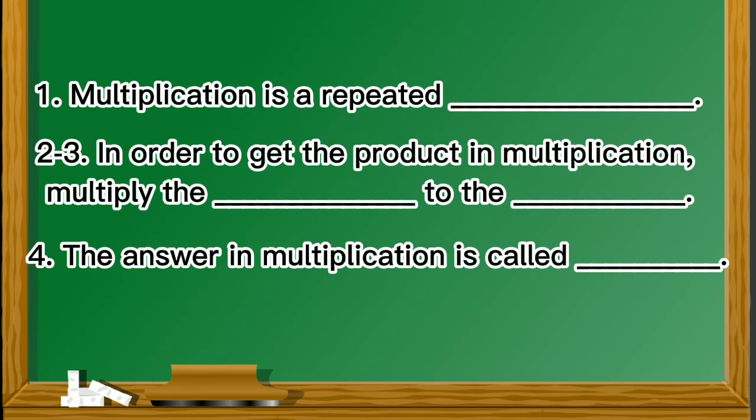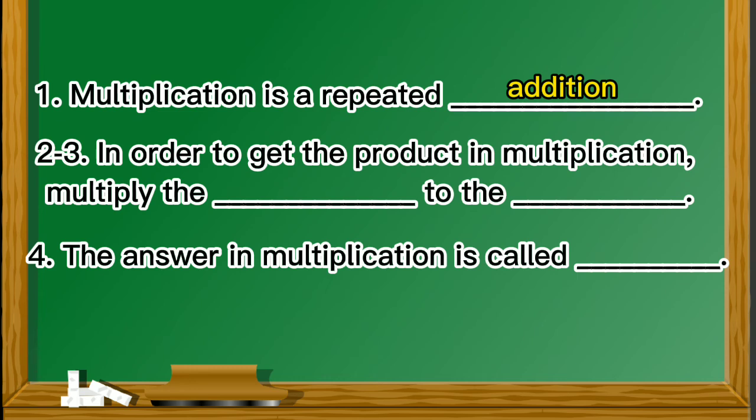Now for your additional task, you have to read the sentences very well and give the missing words. Write your answers on the blank provided. Number 1, multiplication is a repeated blank. What is your answer? If your answer is addition, you're right. Number 2 and 3. In order to get the product in multiplication, multiply the blank to the blank.